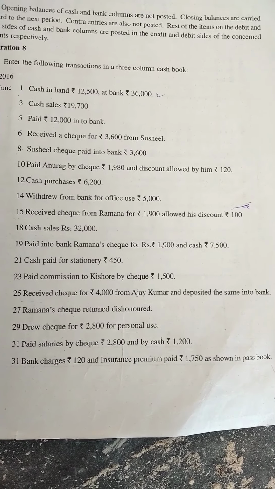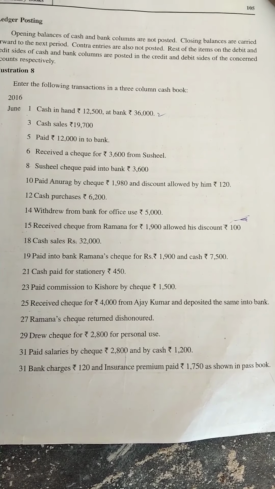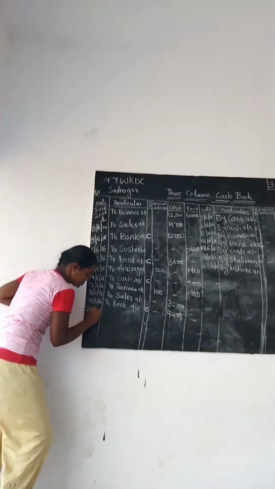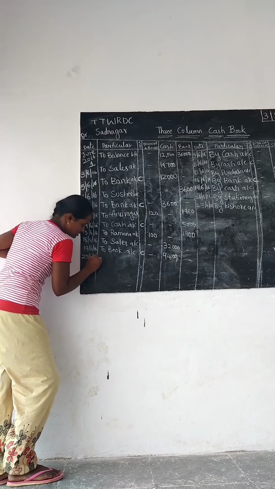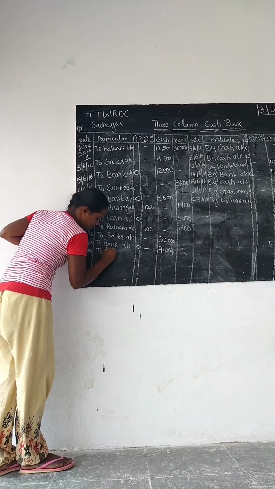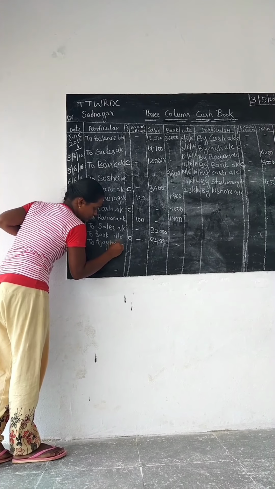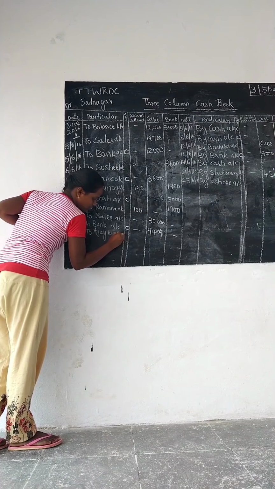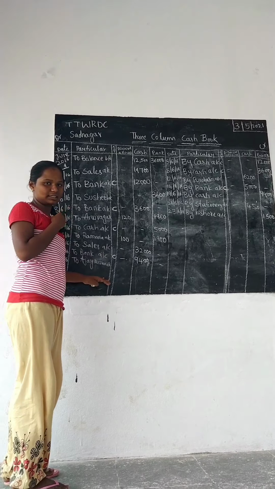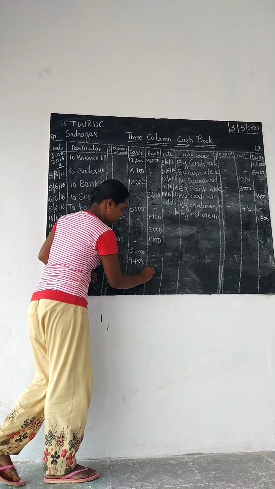It is a normal entry and on the debit side because we are receiving a check from Ajay Kumar. On 25th June 2016 to Ajay Kumar account. He is giving the check to us, so the amount in the bank column is 4,000.